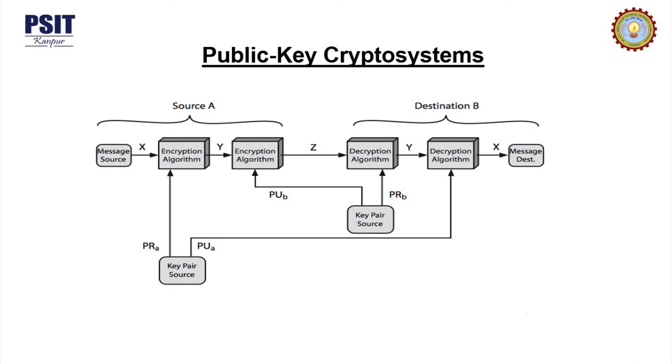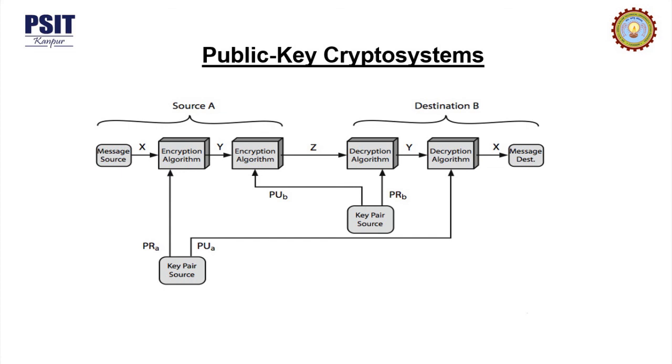When this message is received, the receiver applies his private key to decrypt the message, and then he uses the public key of the sender to check the authentication of the sender. In this way, any public key cryptosystem can be designed and implemented.